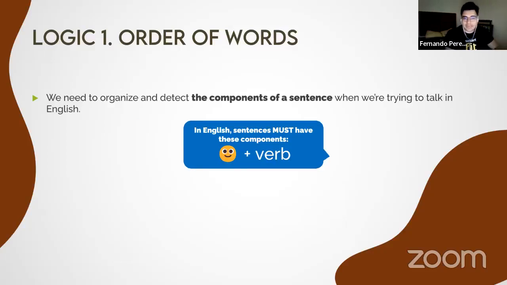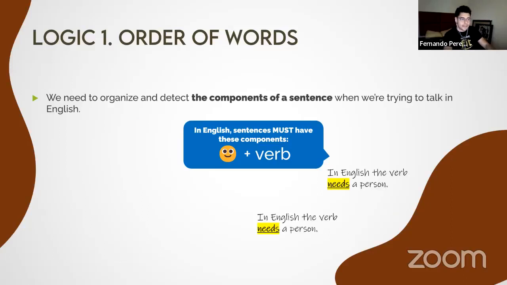If you are going to talk in English, you need a person and a verb. Logic number one, in English, the verb needs a person. In Spanish, we can omit the person.